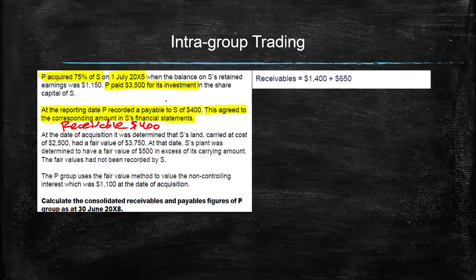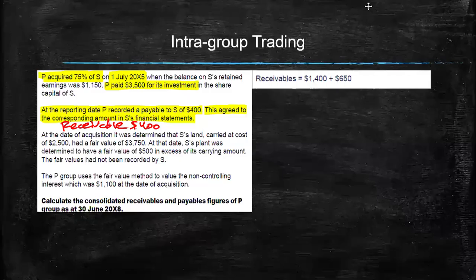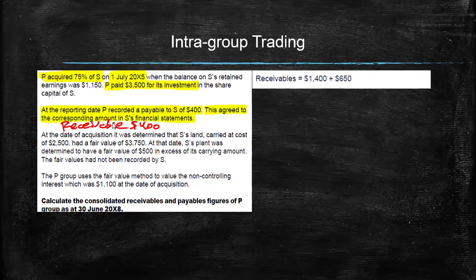Now, these amounts should not remain recorded in the receivables and payables of these companies when preparing the consolidated statement of financial position. So we have these two amounts recorded in the accounts of the parent and the subsidiary, which should not be presented in the consolidated statement of financial position.